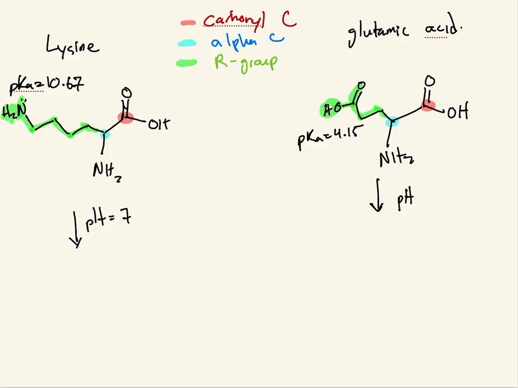So that's a nitrogen that we're looking at the protonation state of. So depending on its pKa, it's either protonated or deprotonated, so it's either neutral or positive, right? The protonated form is positive and the deprotonated form is neutral, right?